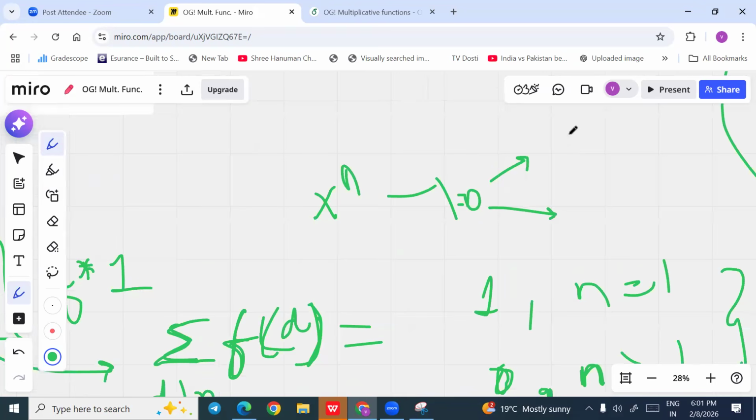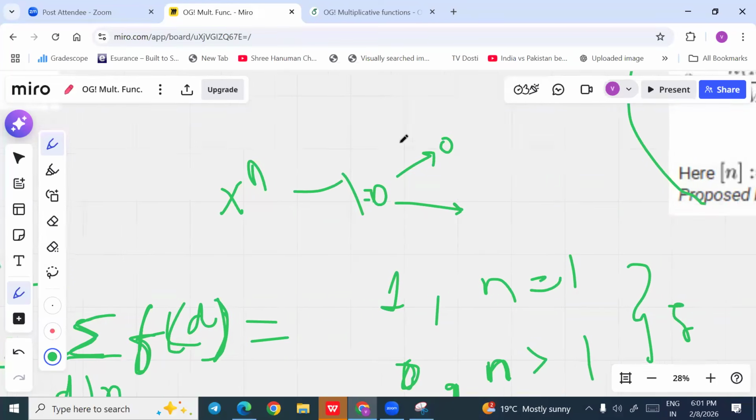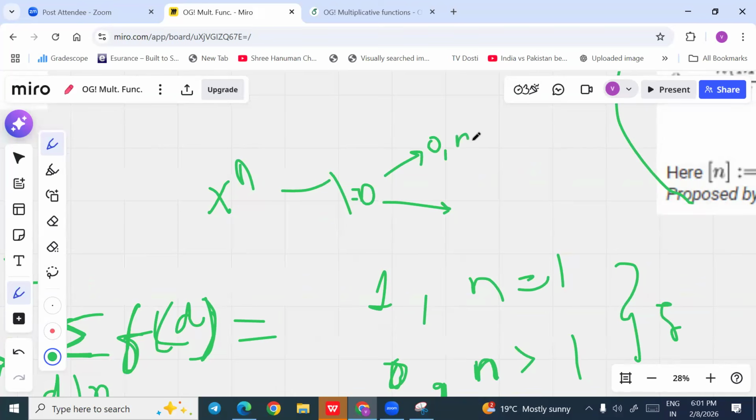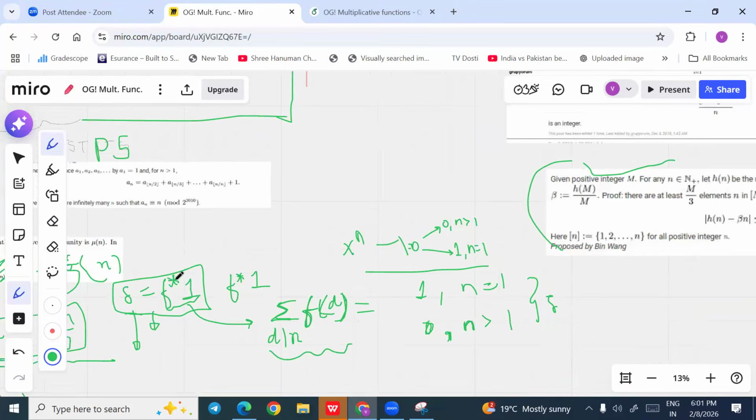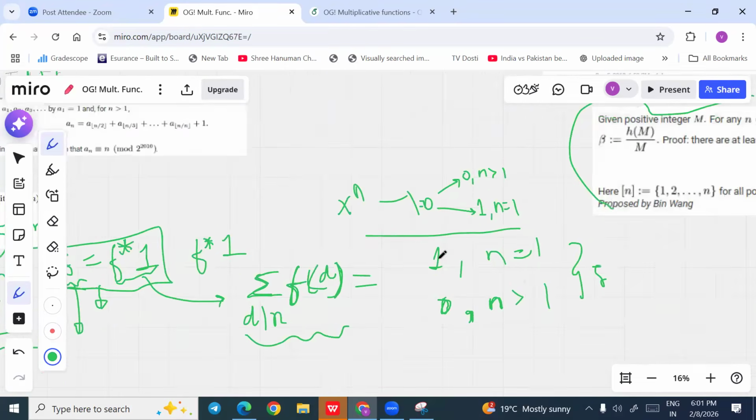Anyone there? It will be 0. Yep, it will be 0, but there's a small case. So this will be 0 when n is greater than 1, and in the case of n equal to 1, it's 1. Oh, yeah. So this is indeed the delta function. Right, that's how delta is defined.